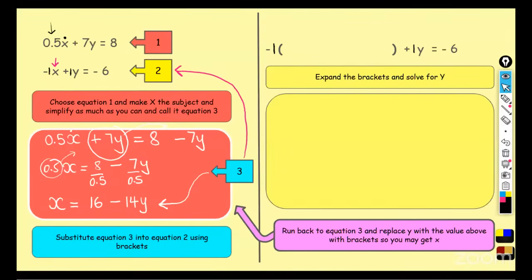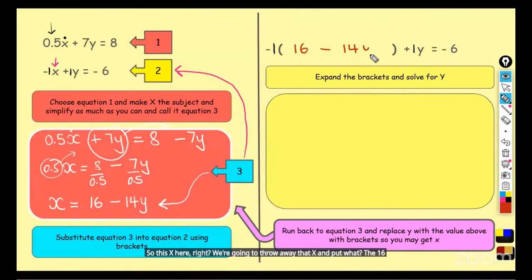All right, let's go. I'm going to help you a little bit here. So we're going to do the substitution now. This x here, we're going to throw away that x and put what? The 16 minus 14y. Now, the x used to live here, replacing them with that. So in maths, we're going to take our time now and expand these brackets.